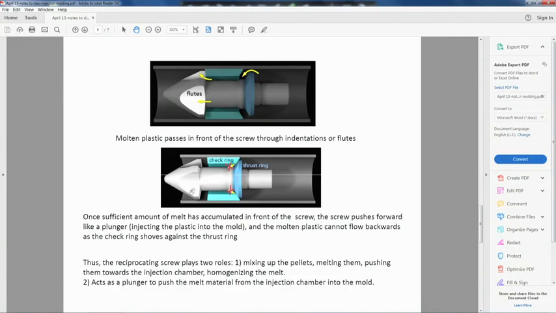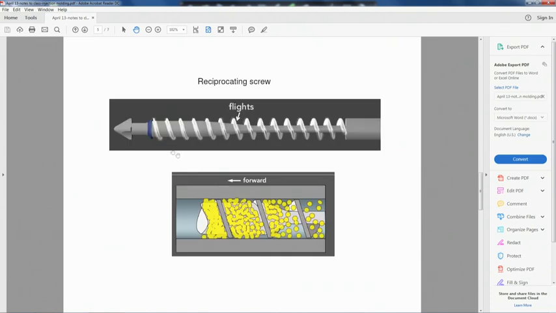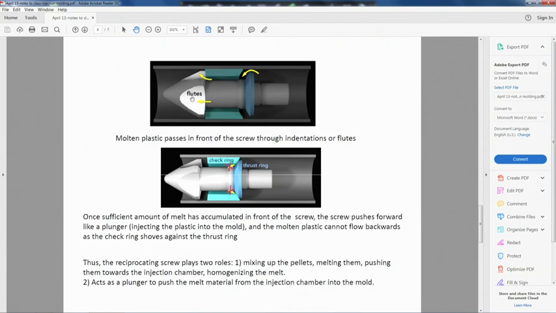Now, something more I wanted to say here. If you look at the screw a little bit more closely, there are these kinds of indentations on the screw. It is not completely plain. The molten plastic that is passing from this side to the front of the screw passes through these indentations, or what you call flutes. Once a sufficient amount of melt has accumulated in front of the screw, the screw pushes forward like a plunger and injects the plastic into the mold.